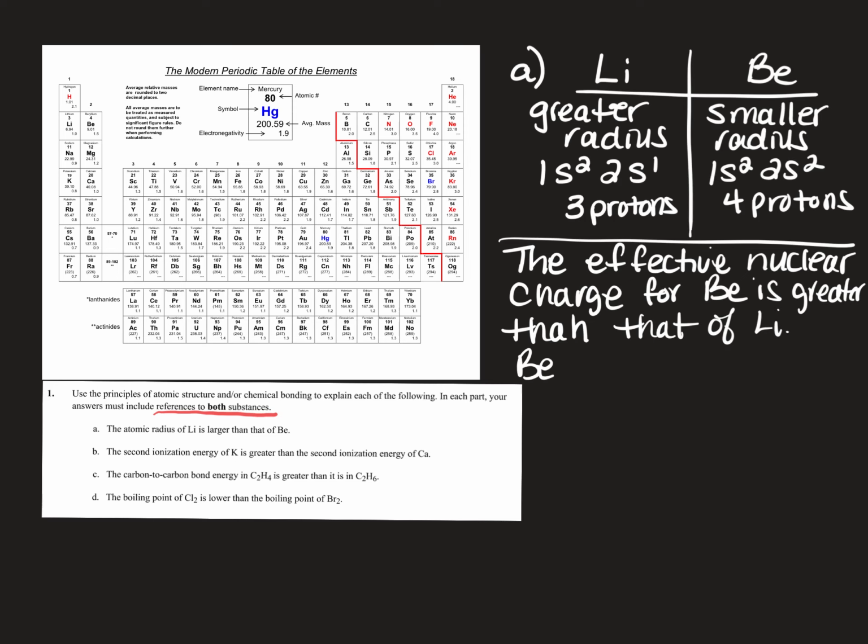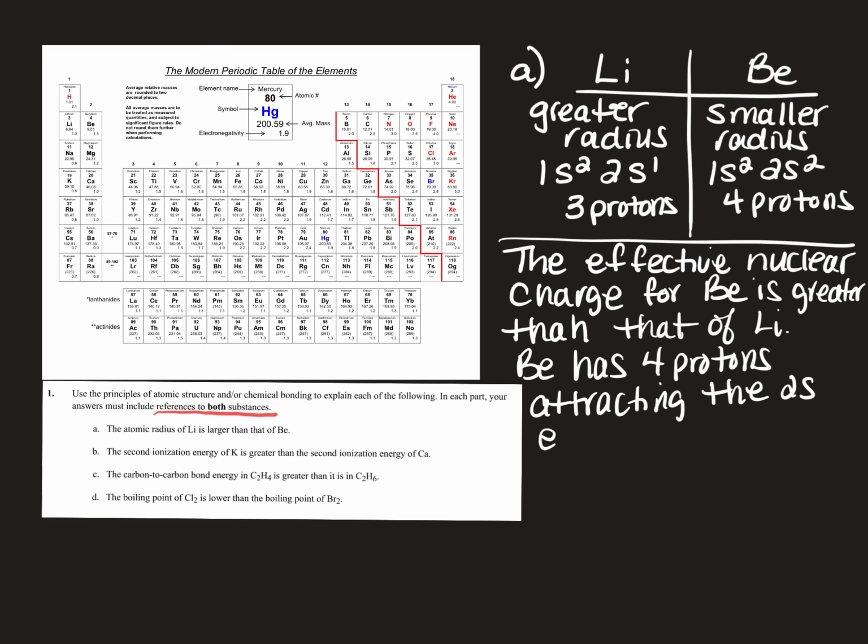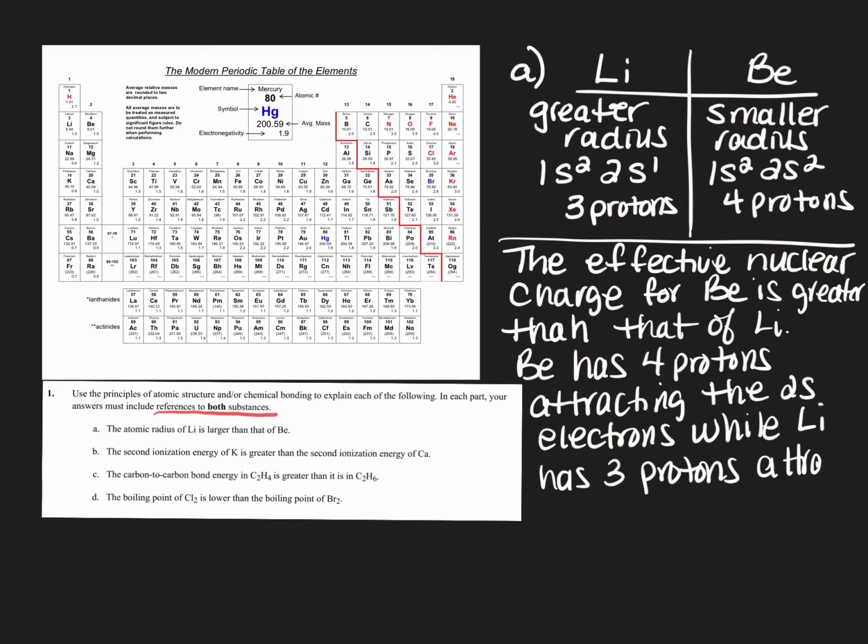Beryllium has 4 protons attracting the 2s electrons, while lithium has 3 protons attracting the 2s electrons.